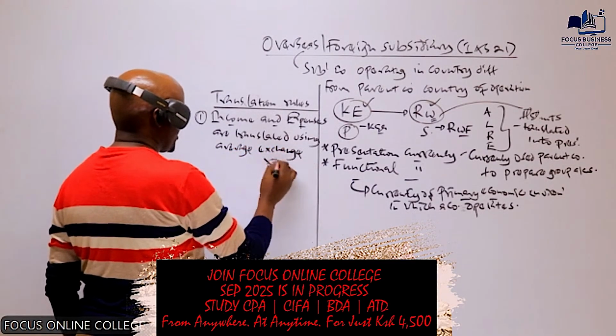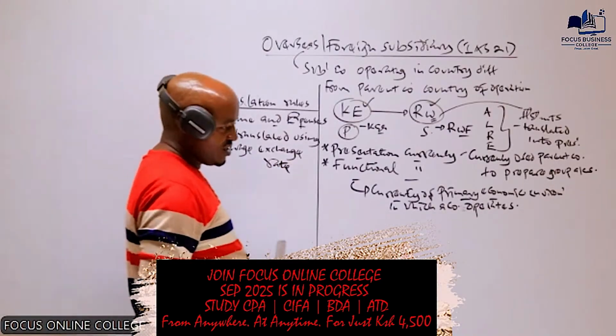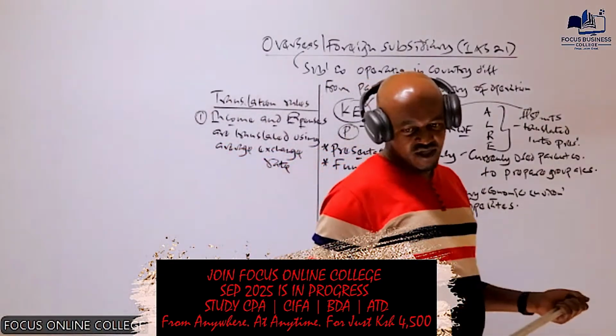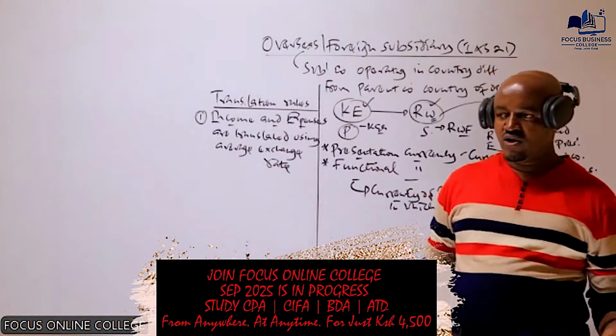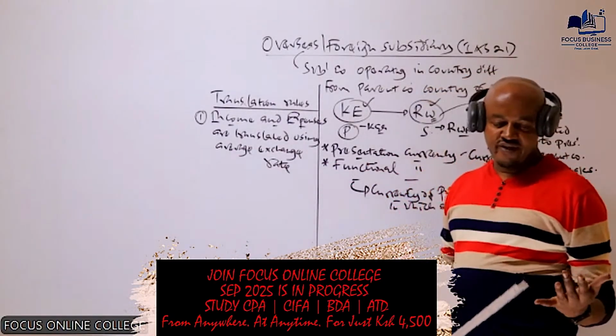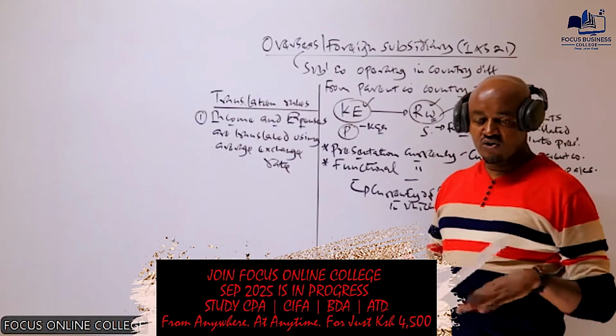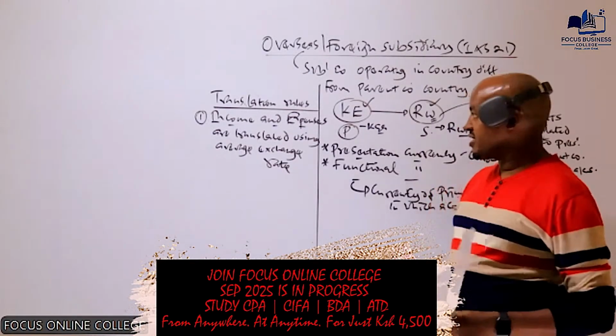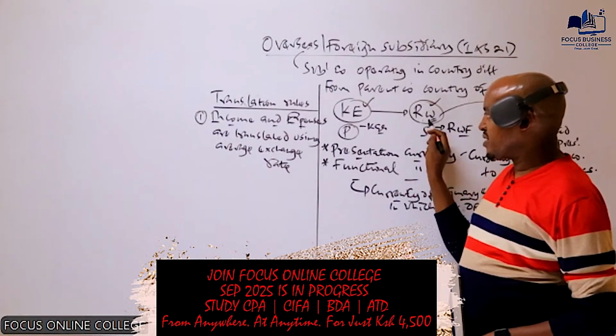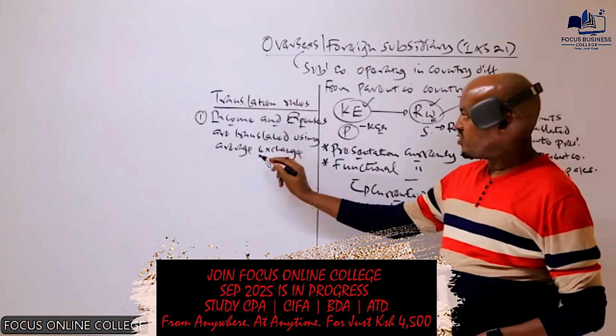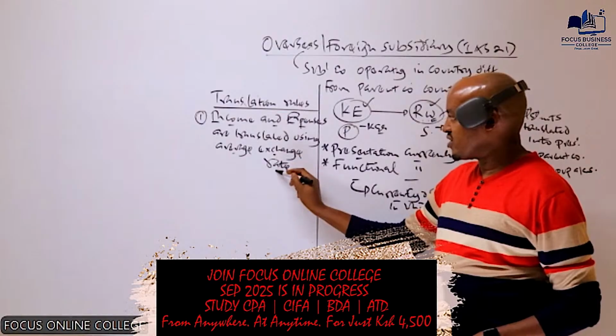Because in these questions on foreign subsidiary, you will usually be given three exchange rates: the exchange rate at the start of the year, the exchange rate at the end of the year, and also the average. So we translate incomes and expenses of this foreign subsidiary using the average exchange rate.